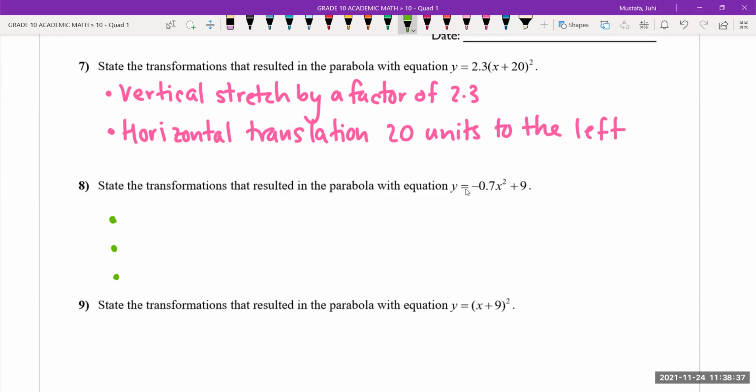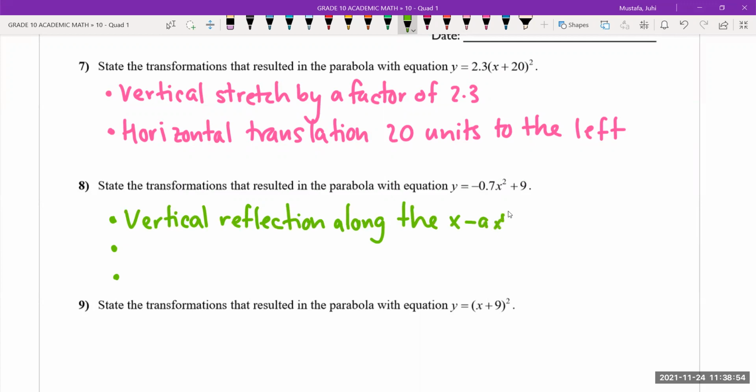The negative means it's going to be a vertical reflection. Good. So let's start with that one because I like to go in order. So we're going to go vertical reflection. And you could just say along the x-axis. That's sort of the proper way to say it.